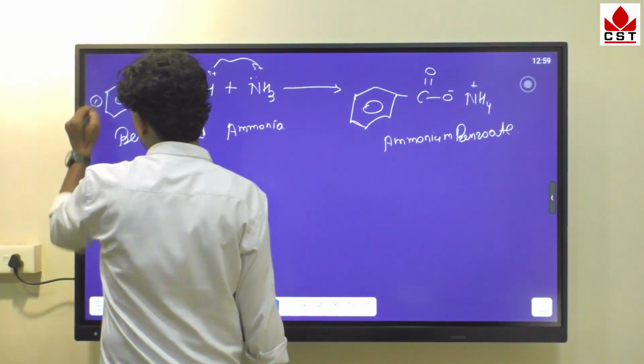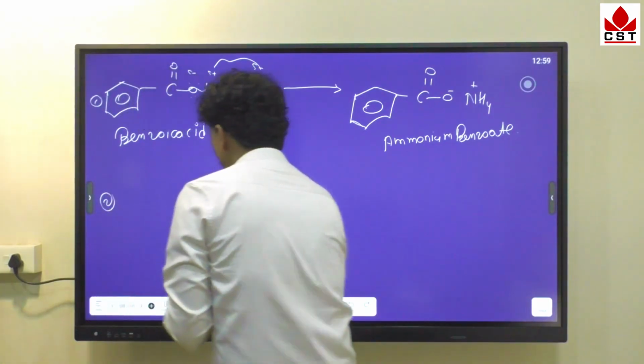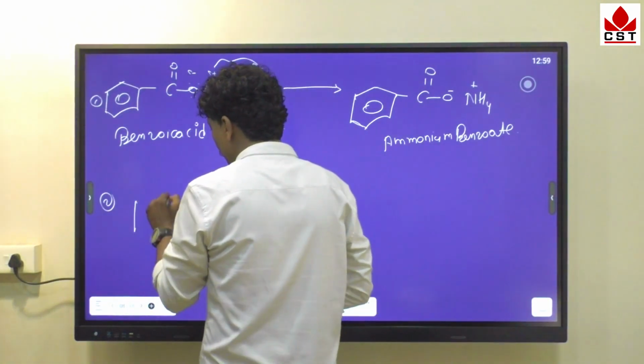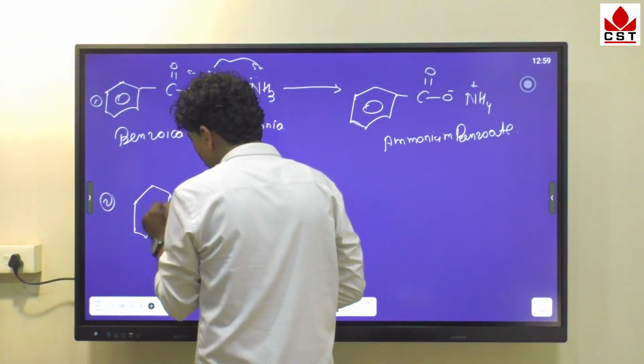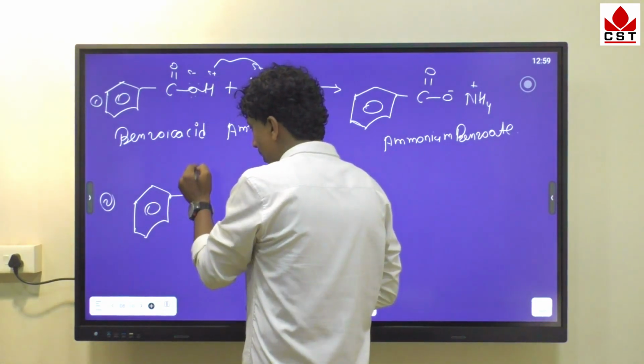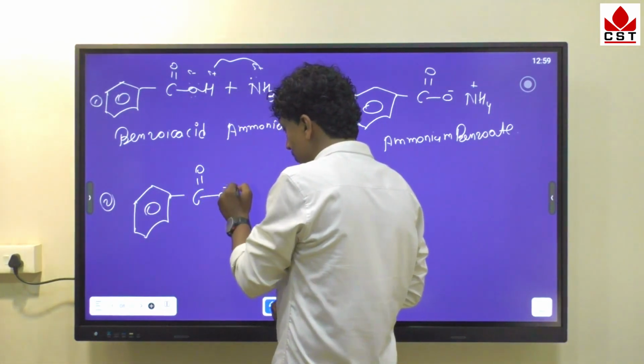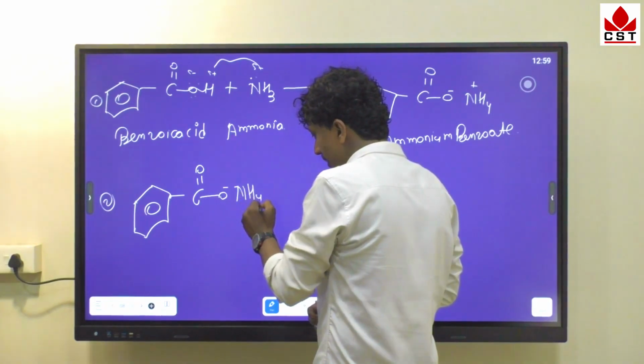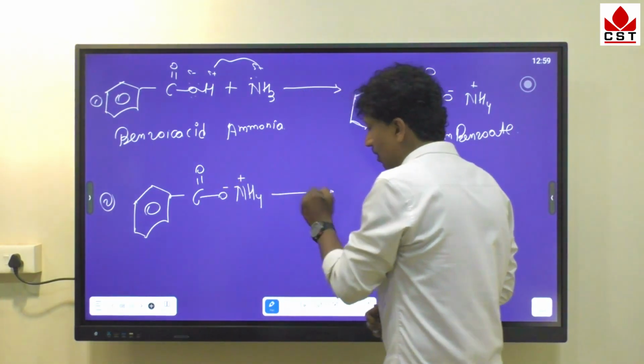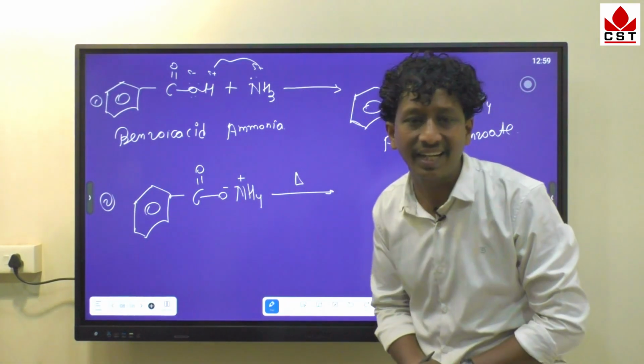In the next step, the ammonium benzoate, with NH4 positive, is heated.